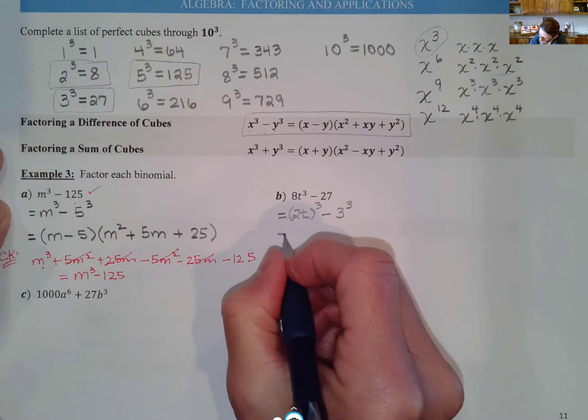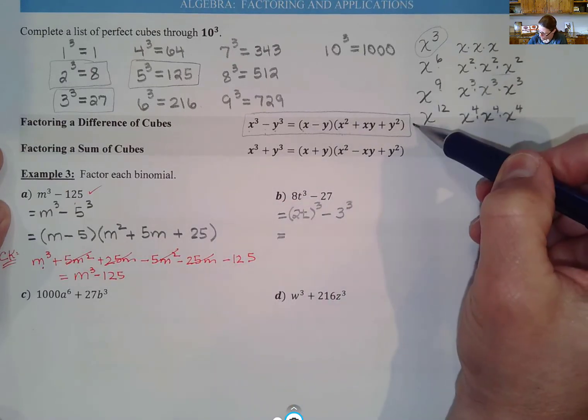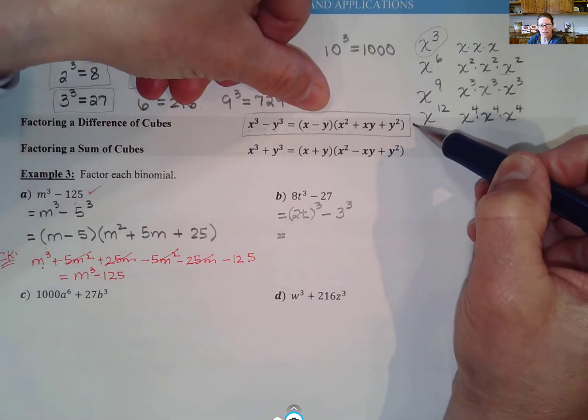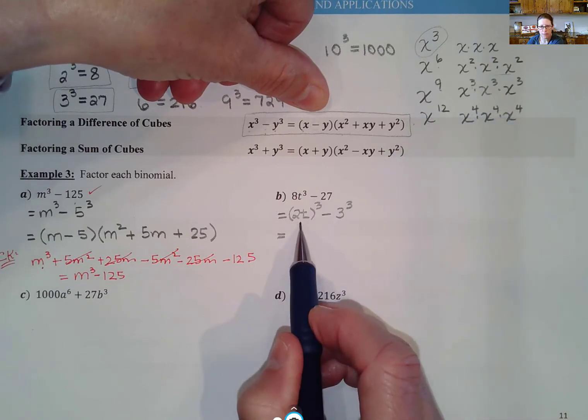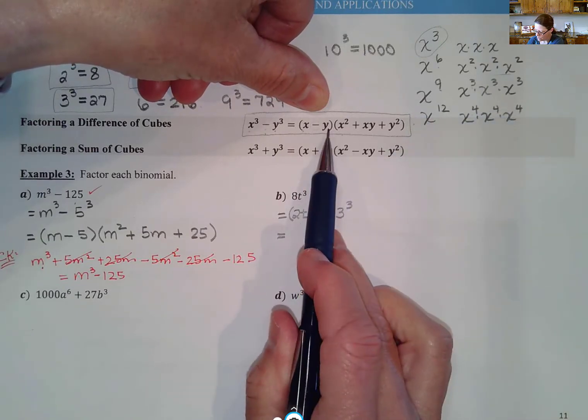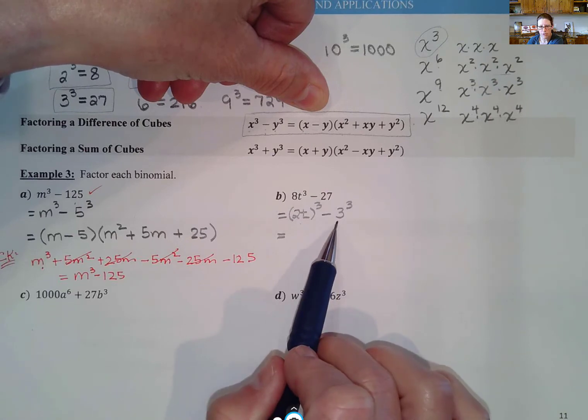Now we just use our formula above. Okay? Everywhere you see x, substitute 2t, and everywhere that you see y, substitute 3.